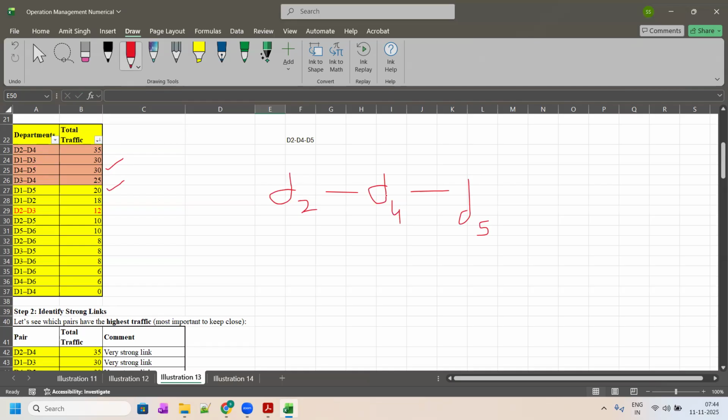D1 is second, so I'll connect with D1. Now from D1, the traffic to D3 is very high, you can see here. So I'll put D3 here. And then I'm left with D6.